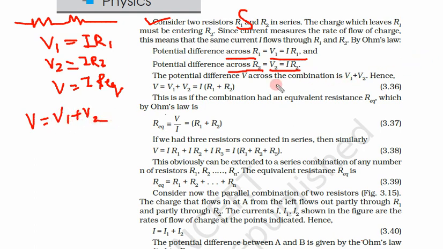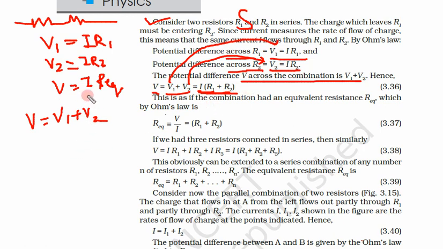And the current was the same. If you put the value of V1 as I R1 and V2 as I R2 and take I common, this is simply V is equal to I times R1 plus R2.